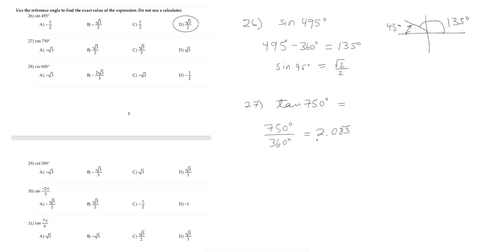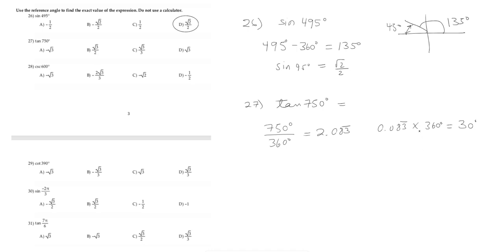Then you remove the whole part, keep 0.083 repeated, multiply by 360, and the answer is 30. Wow, fantastic. The 750 lies in the first quadrant.